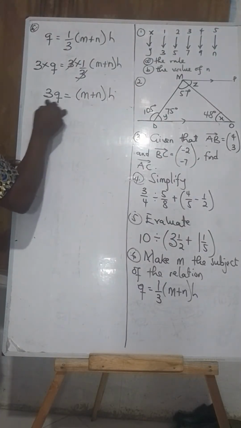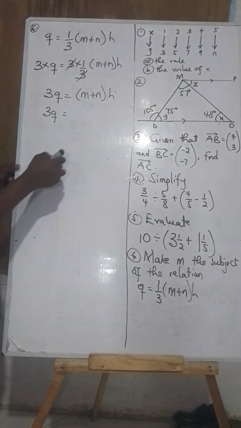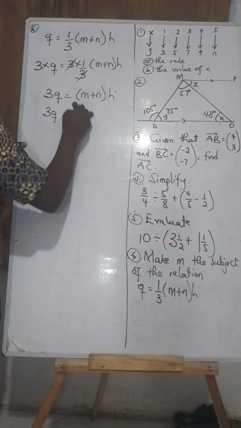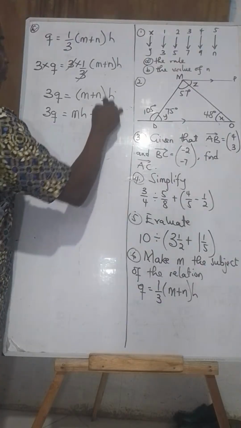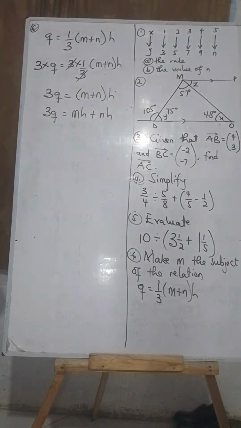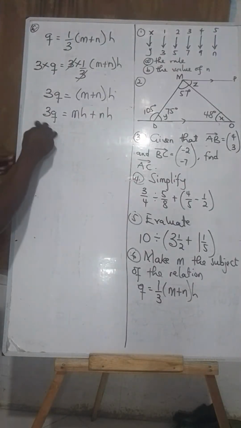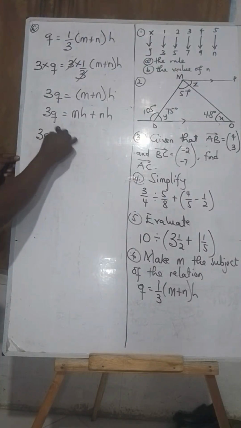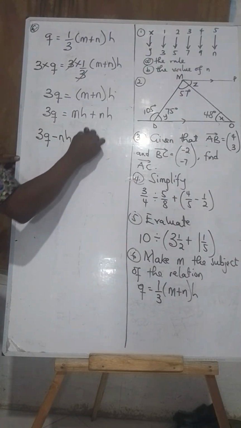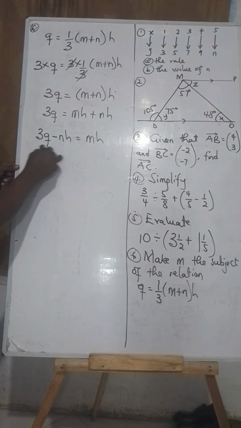So this 3Q equals m by h, I'll give you mh, and this also nh. And since they are saying you should make m the subject, we can transfer the nh here. We have 3Q minus nh equals mh. Then divide through by the coefficient of m.